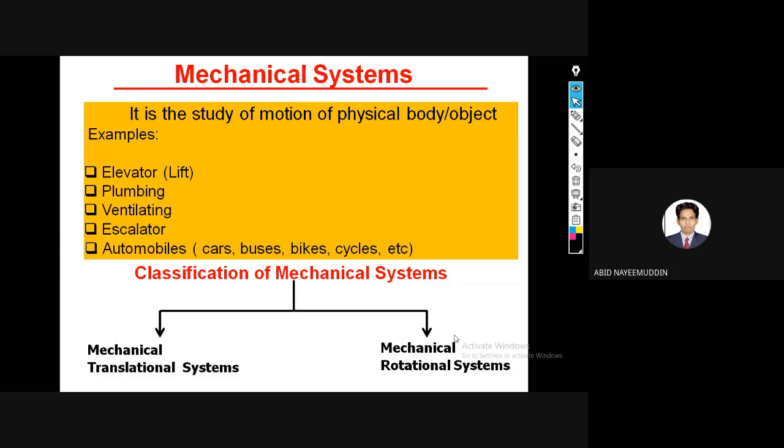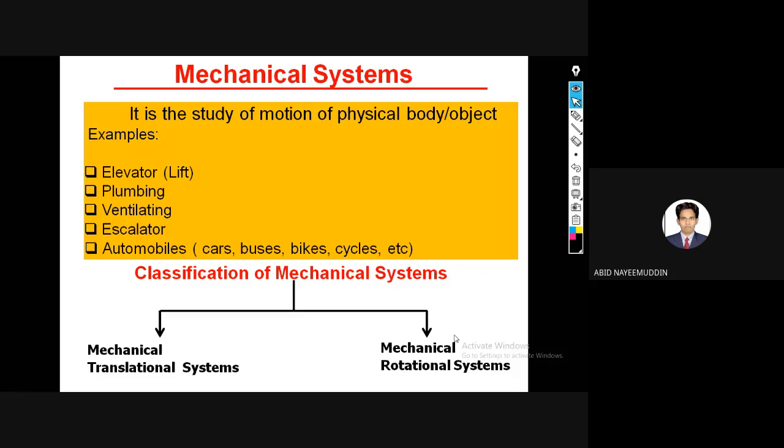In this class, we are going to conclude and learn how to solve problems related to mechanical rotational systems. Simply, if you know how to obtain the transfer function of a translational system, then you know how to obtain the same for a mechanical rotational system.